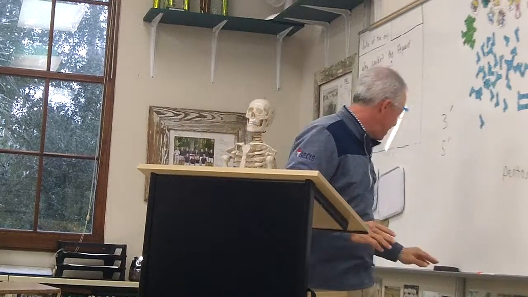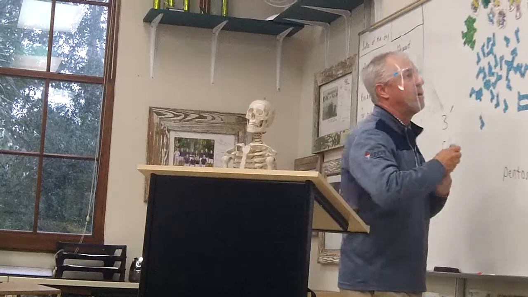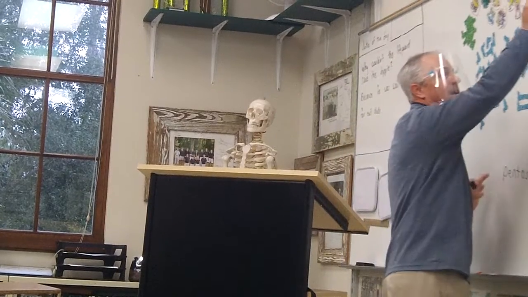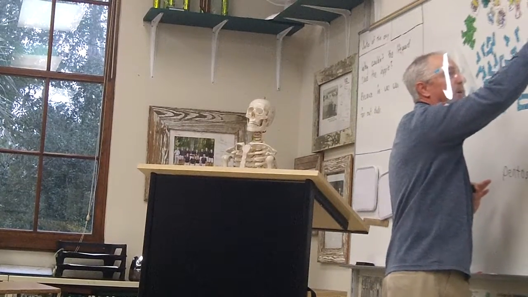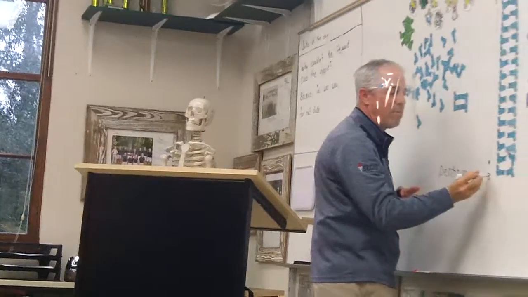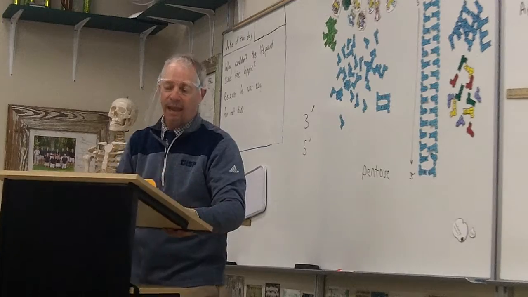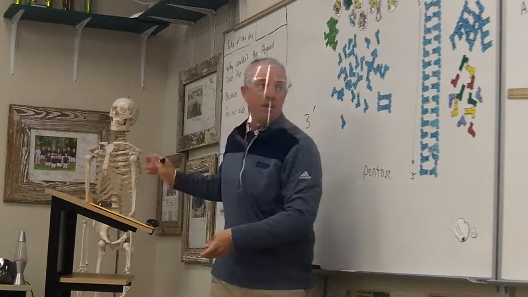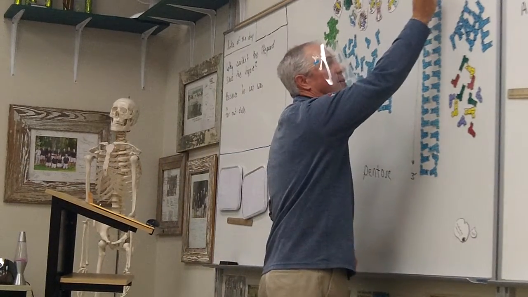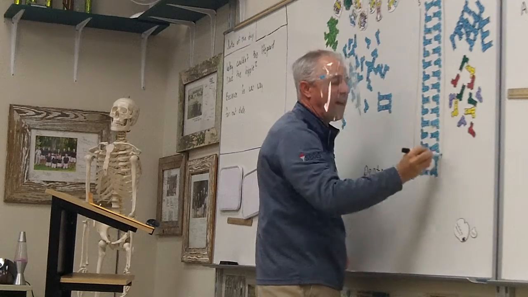We would say that the DNA on this side goes from the 5' to the 3' direction. And that the DNA on the other side goes from the 3' to the 5' direction.